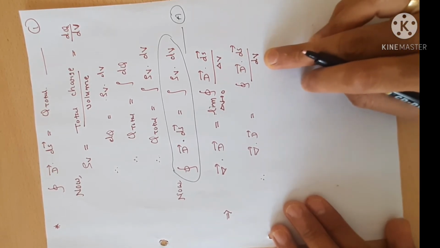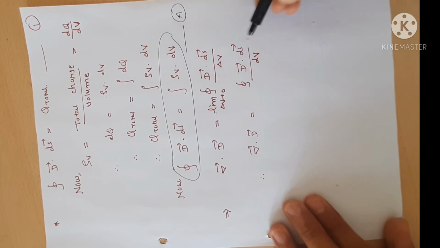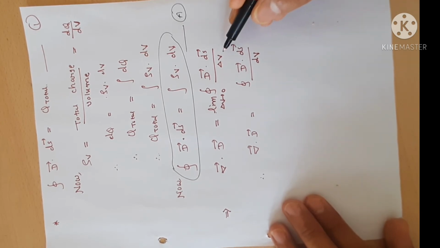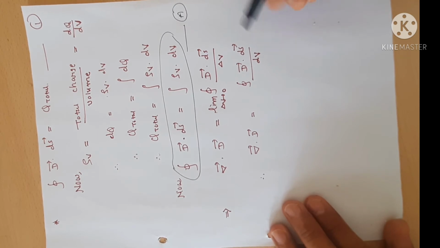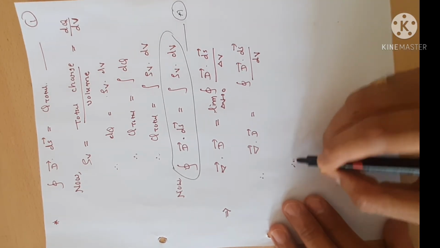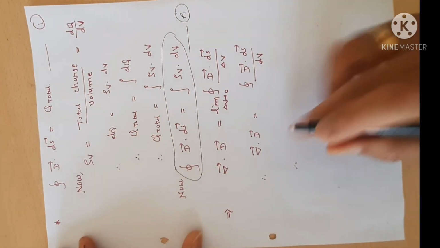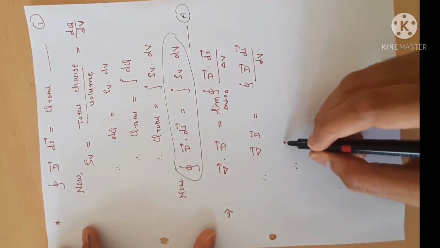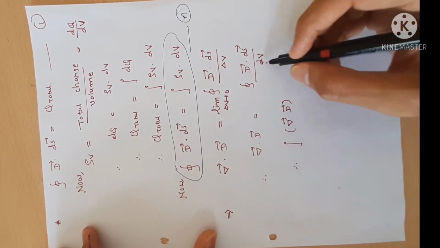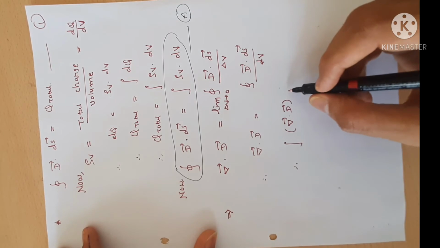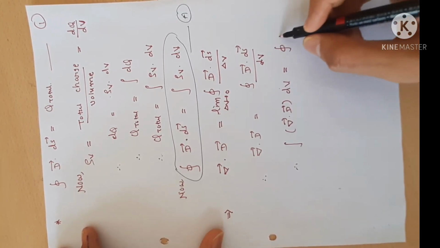These two are different: delta v is very small and tends to 0, but dv is not tending to 0, it is a differential volume. If I multiply by dv here, it is necessary to take the integration. So integration del dot D dv is equal to integration D dot ds.